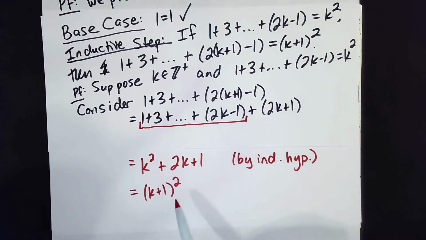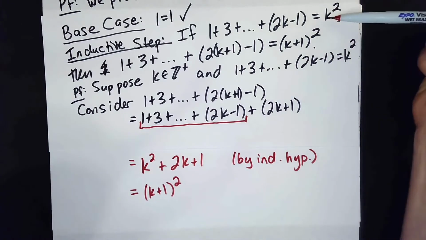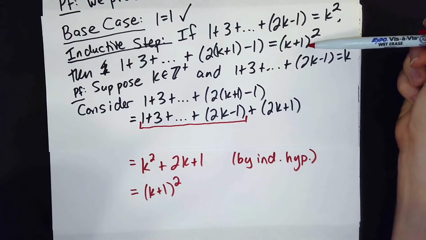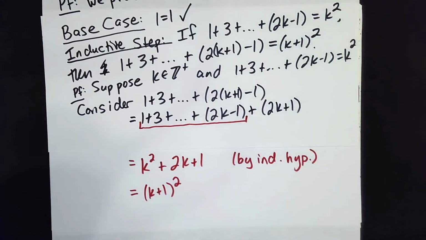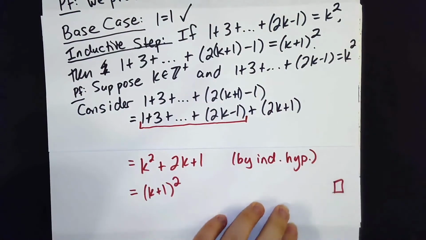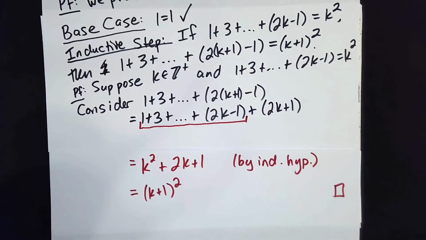And so once we've written that, we've now shown that as soon as this statement is true for some integer, it's true for the next integer. And then the next one, and then the next one, and then the next one. And since it's true for 1, then it's true for 2, 3, 4, 5, and so on forever. And so it's true for all the integers, and so we've completed both pieces of induction, so we get to put a little proof box, and then go on to another example.